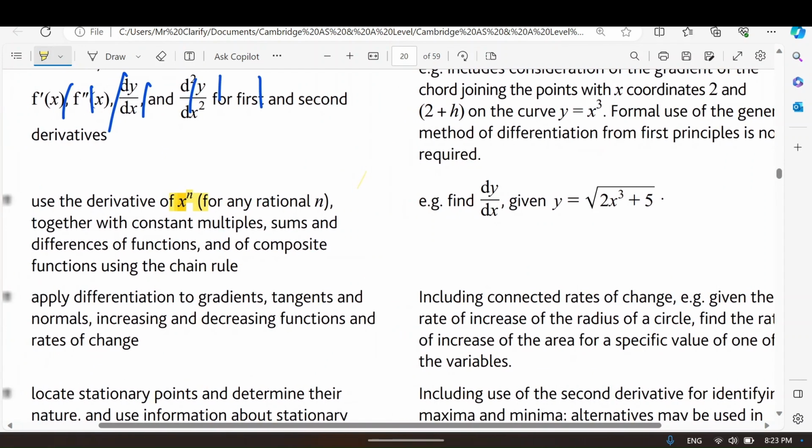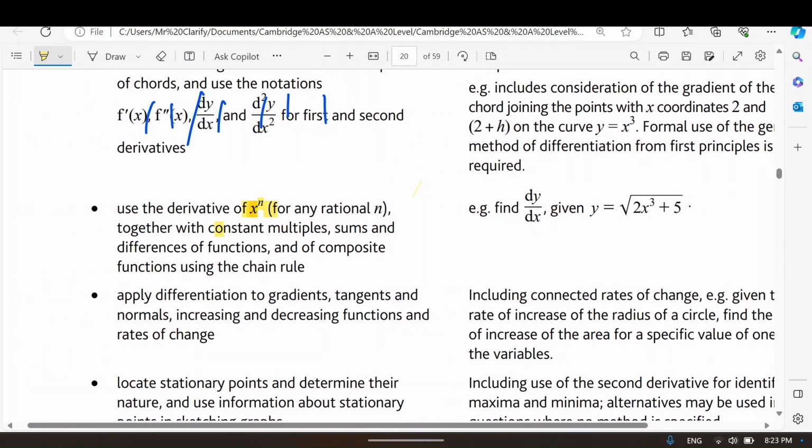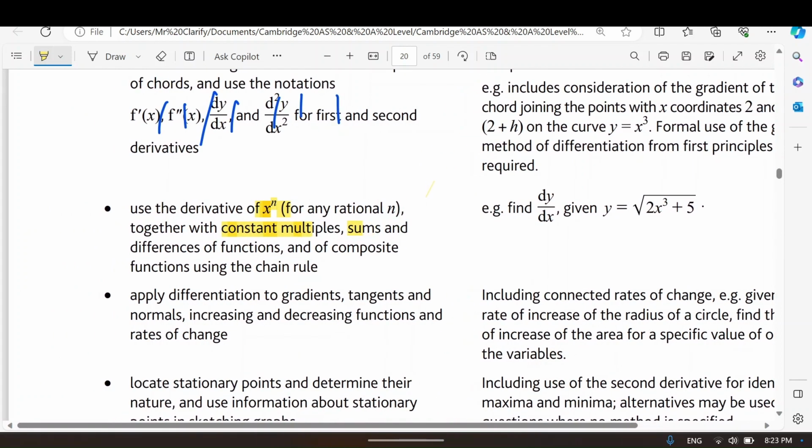And then they say together with constant multiples. Let me highlight constant multiples, sums, and differences of functions. So the power rule has situations, which I'm going to show you just now, when you have some constant multiplying your function, and we have something we do to the power rule, although I'm going to teach you a shortcut again.